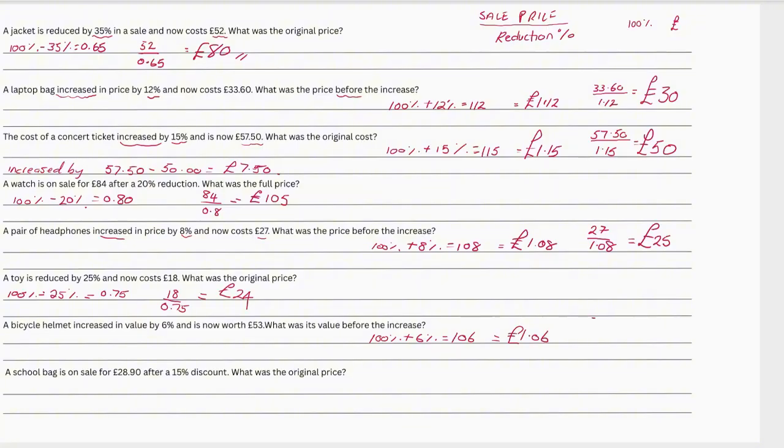Divide. Equals £50. And we have a discount. So a discount is just another word for reduction.